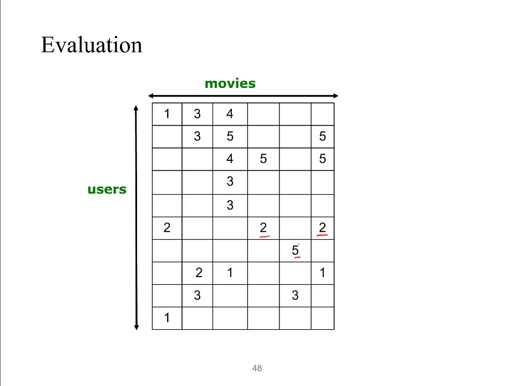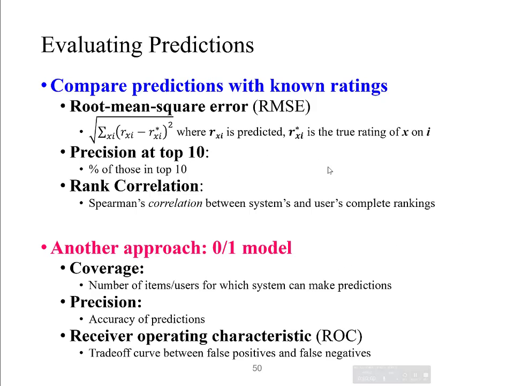Although you do have the real ratings here, so when you use your algorithm to do the prediction, you can compare it with the ground truth, right, to judge whether the recommendation you've made is good or not.